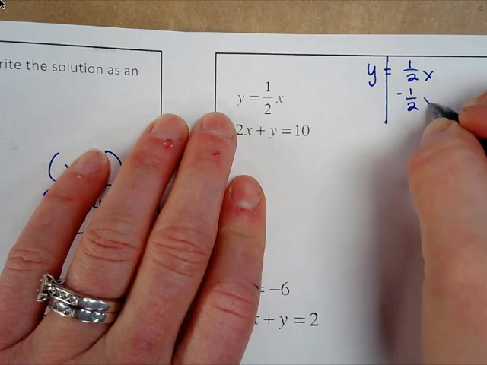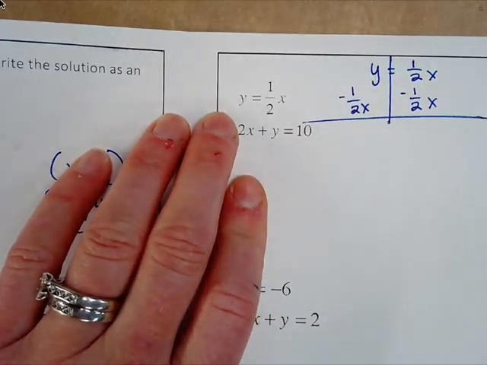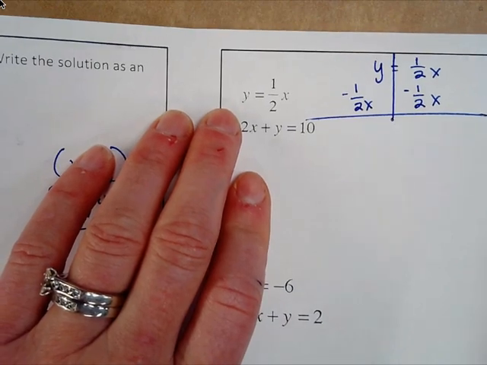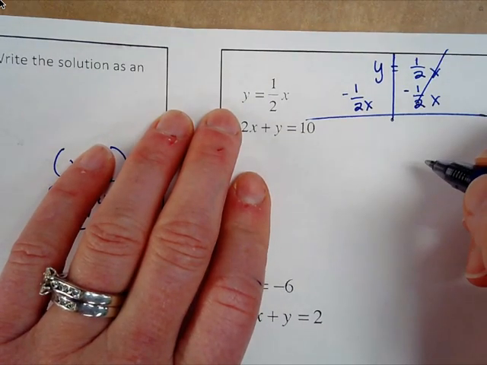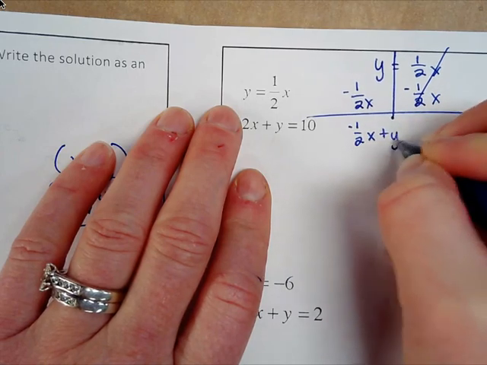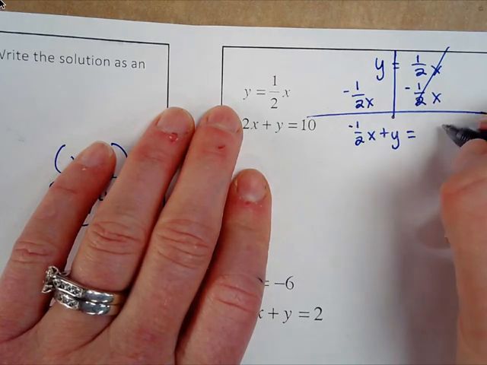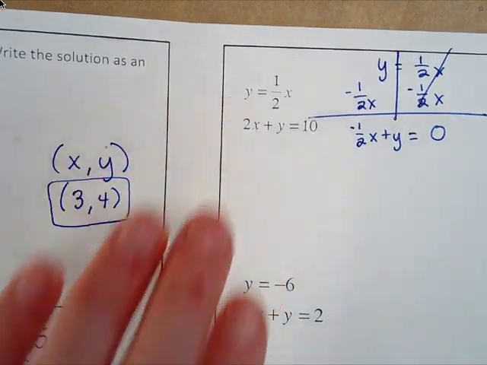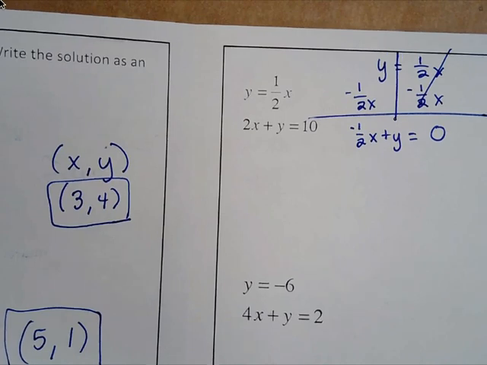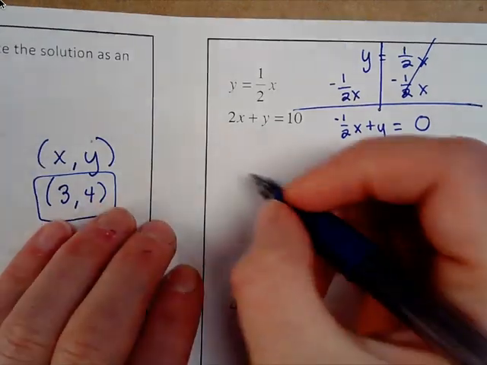Just subtract 1/2 x. So now we have negative 1/2 x plus y equals, there's nothing left, so I put a 0. All I did was move it to the other side and put a 0 for my c because I have nothing left.